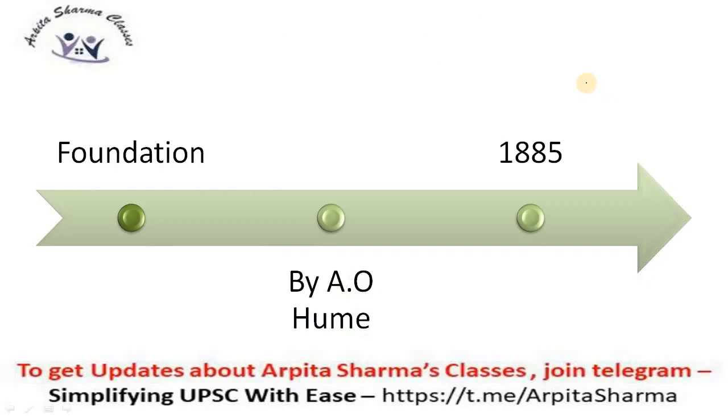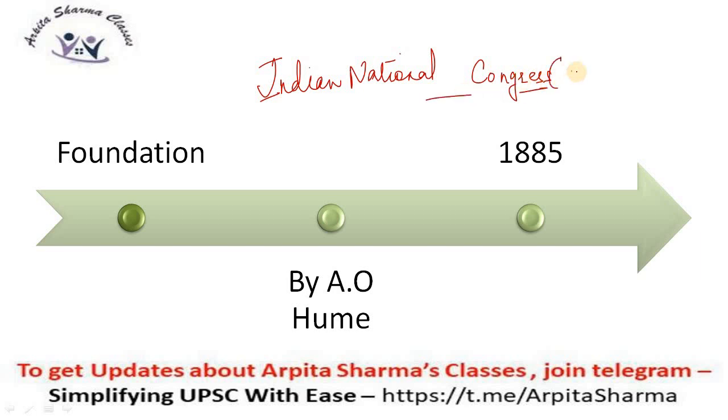So let's begin. Now, Indian National Congress, or INC. It is a very well known fact that it was established in the year 1885, but many times what confuses the learners is whether it was established by an Indian or founded by a British general or a British resident.